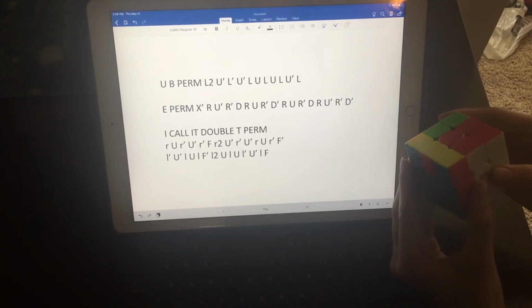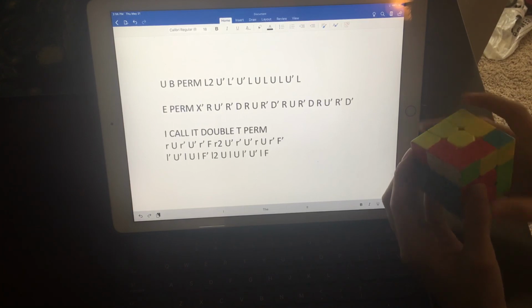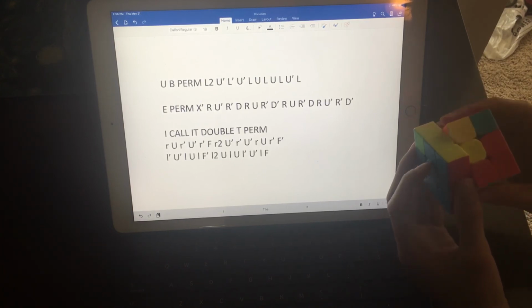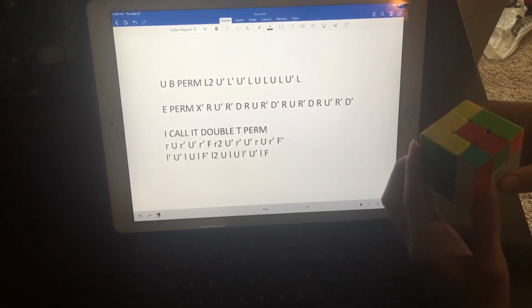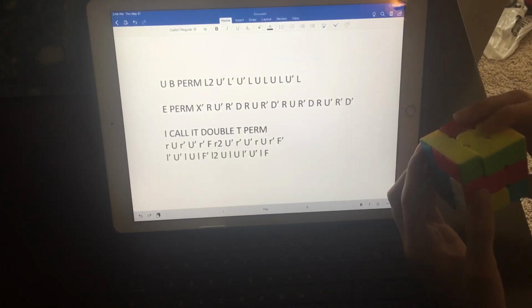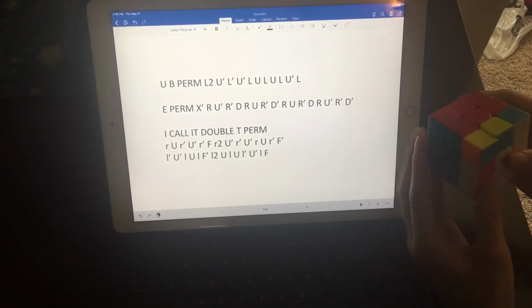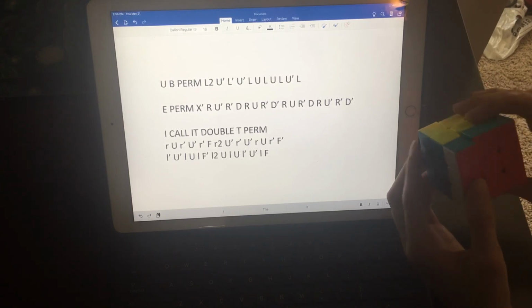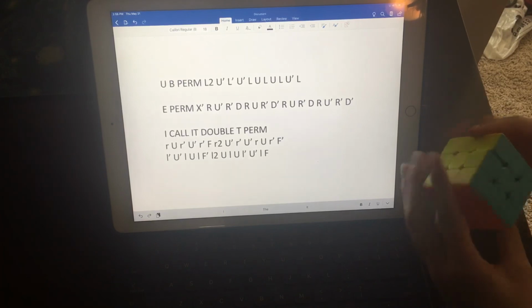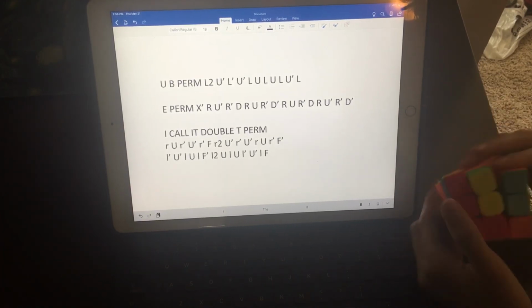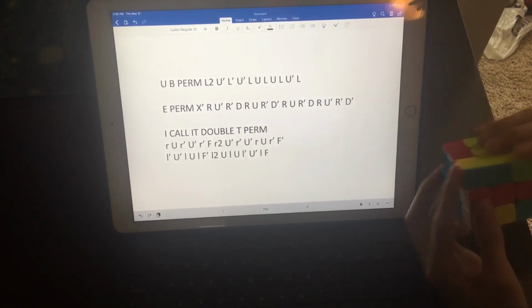So it's R, U, R prime, U prime, R prime, F, R2, U prime, R prime, U prime, R, U, R prime, F prime, using the two layers. Now the same thing on the right side, or the left side I should say.